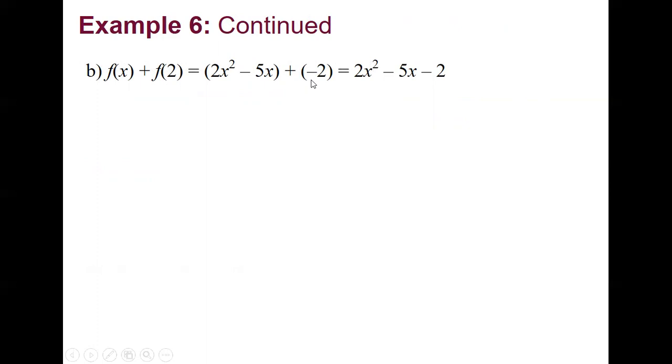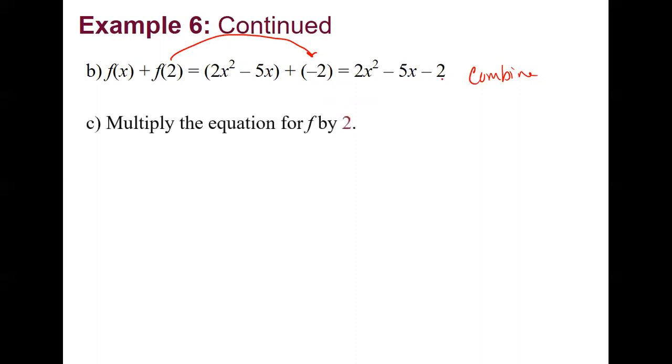And the value that we got for f of 2 was -2. And all you're doing here is combining like terms. Is there any like terms for me to combine? Nope. So then therefore I'm done. So this would be my final answer, because there's no like terms to be combined.